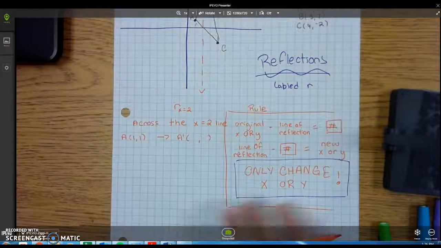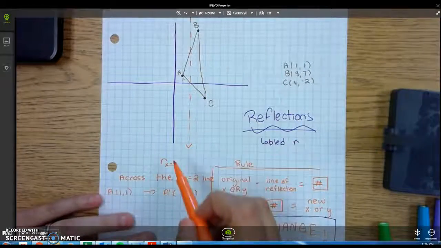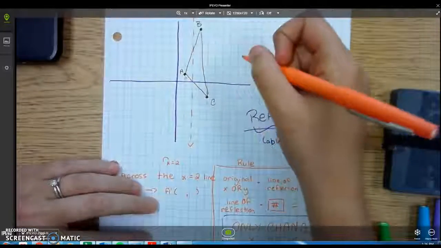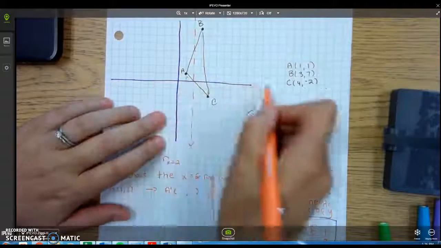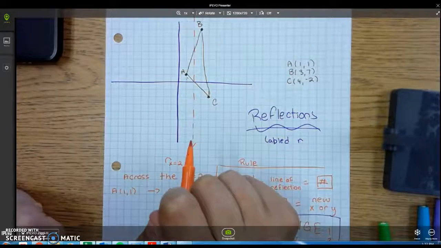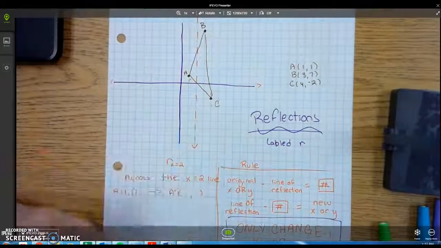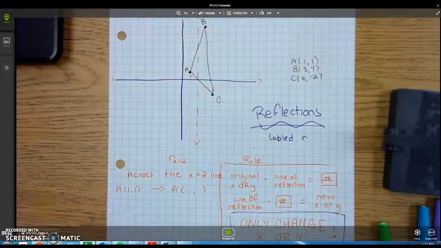Okay, so we're going to reflect across this line, right? X equals negative 2, or positive 2. Sorry. We're going to reflect across x equals 2, and that is opposite of the x-axis, because the x-axis tells me all possible x's. I want one x every single time.